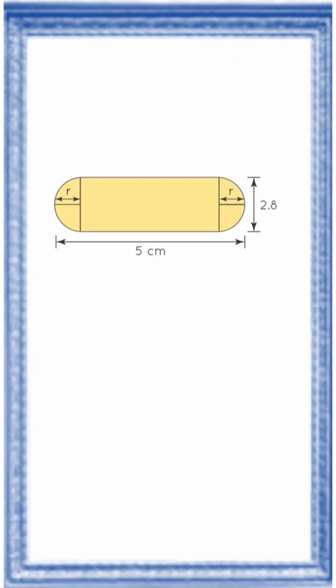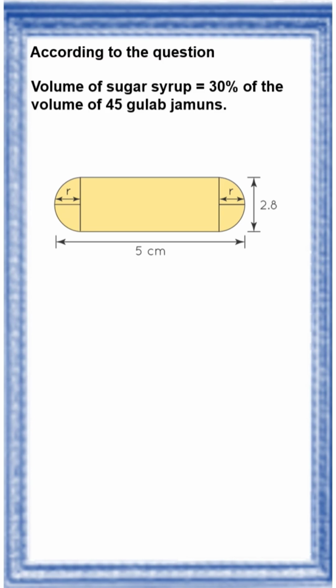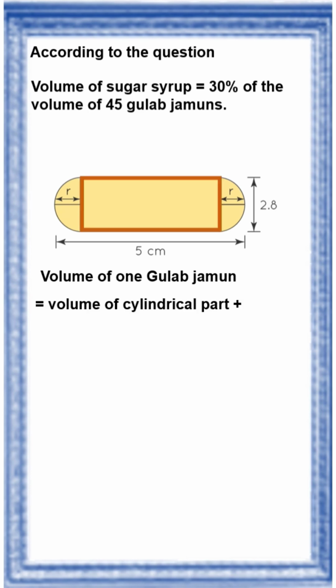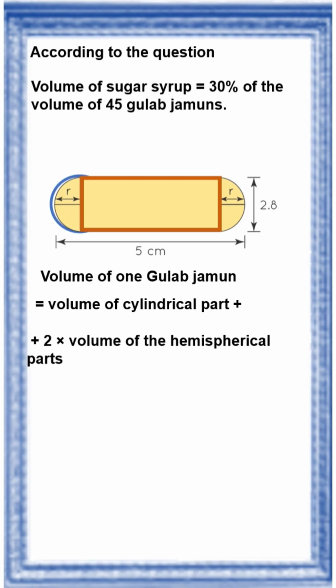Now according to the question, volume of the sugar syrup is equal to 30% of the 45 gulab jamuns. Volume of 1 gulab jamun is equal to volume of cylindrical part plus 2 into volume of hemisphere. This one hemisphere, another hemisphere. So 2 times the volume of the hemispherical part.